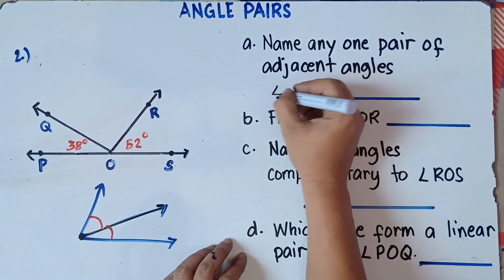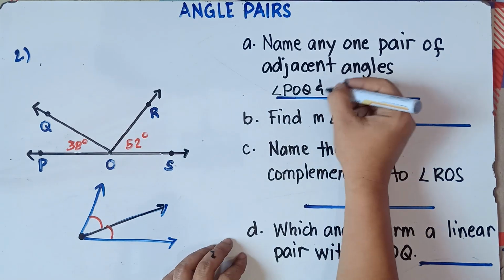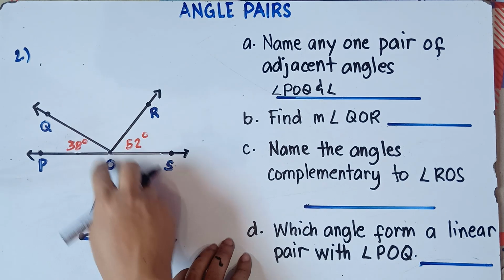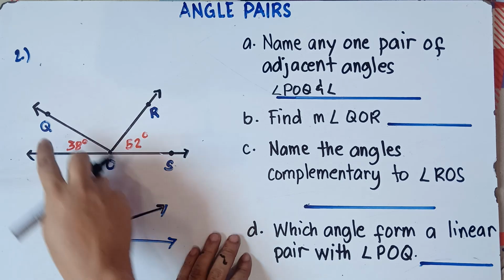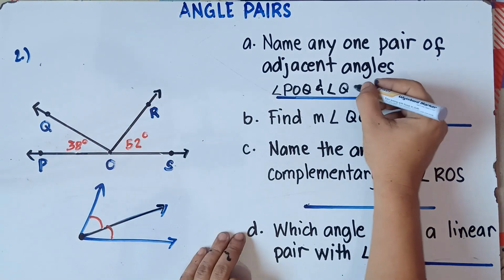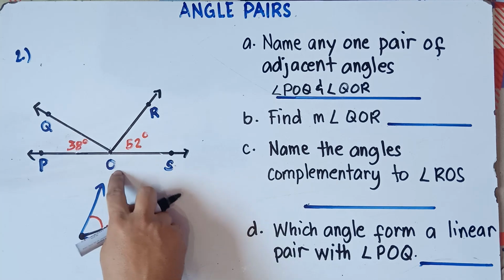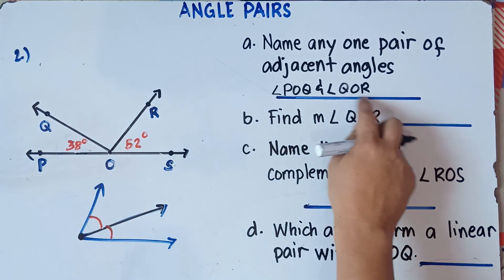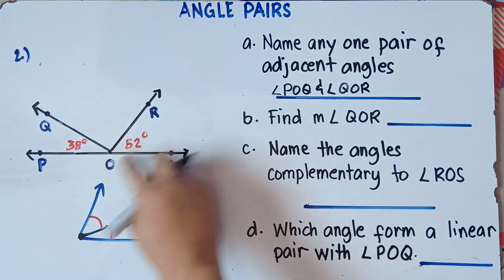You can read this one ROQ, that's okay, or you can read this one QOR. That's the same, class. Just make sure that this vertex O will be the center part. Q, O, R. O will be the center part.